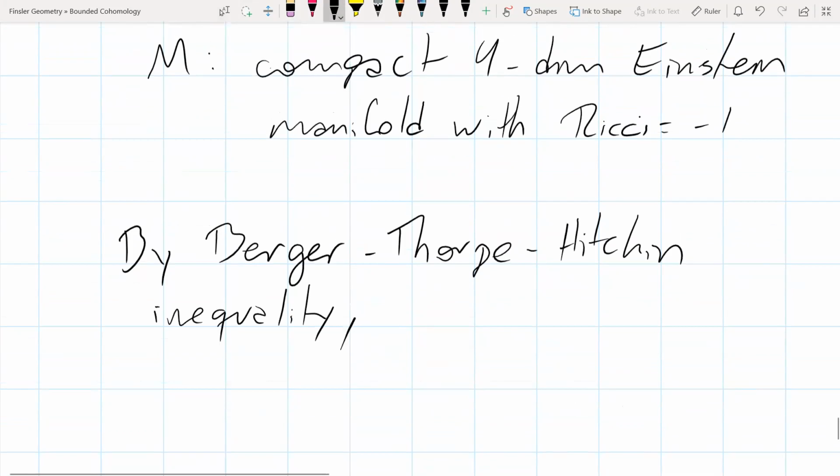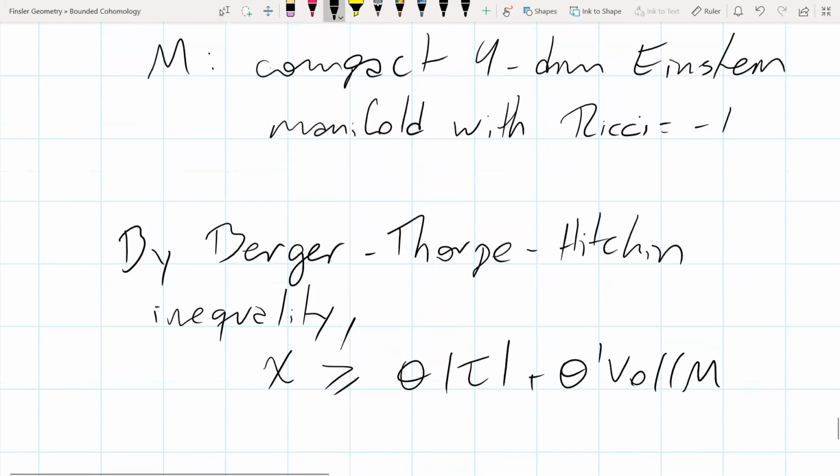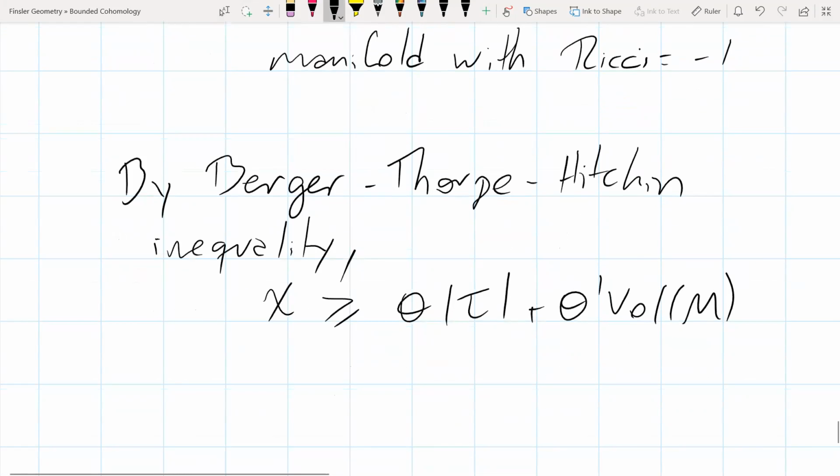Gromov improves a little bit, actually modifies a little bit, this inequality to say that your Euler characteristic is going to be larger or equal than an interpolation between the absolute value of the signature and the volume of your manifold, where this theta has to be between 0 and 3/2.